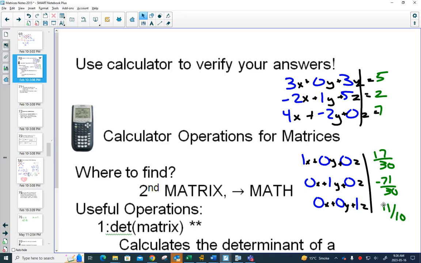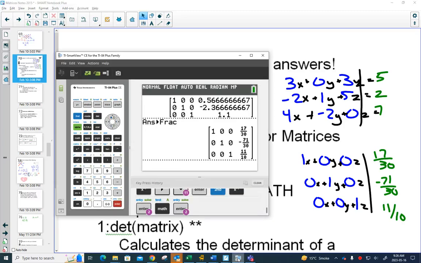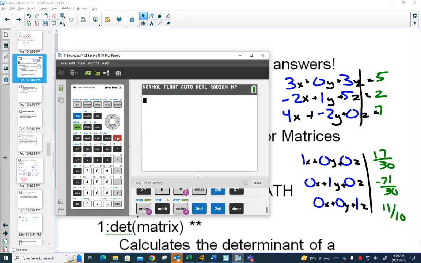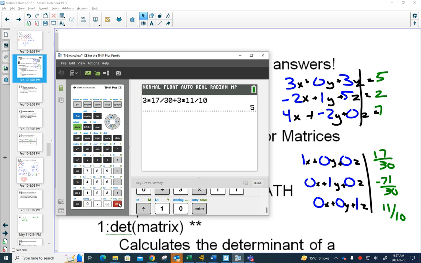Now check it out. If we just check one of these equations, I'm going to take out my calculator again. I'm going to clear this out. According to this, if I take 3 times 17 divided by 30 plus 3 times z, 3 times 11 divided by 10, oh, it's 5.